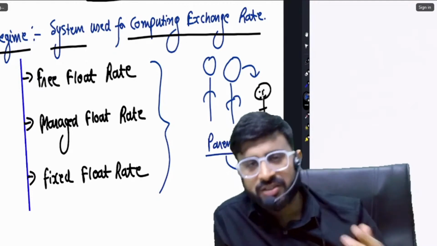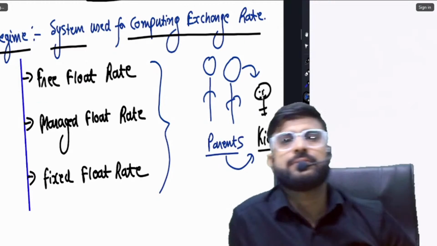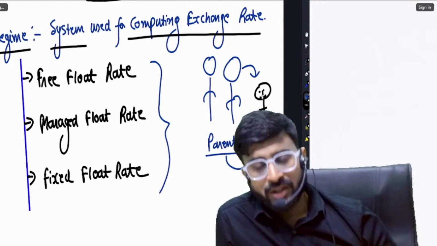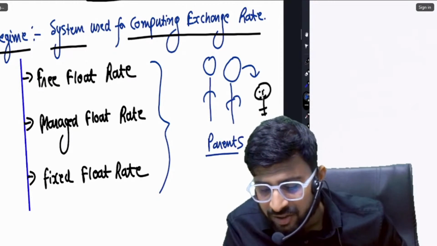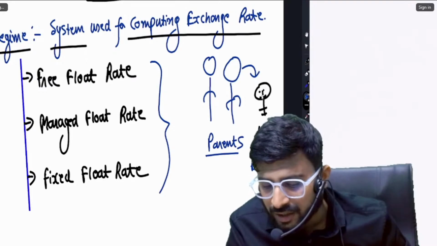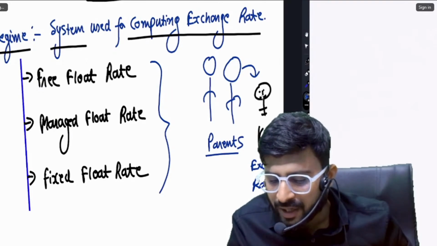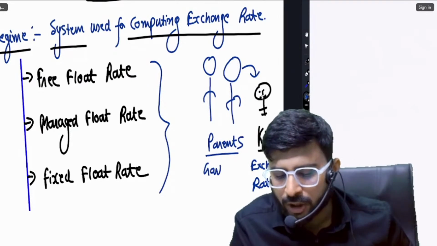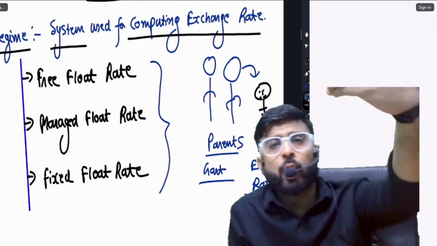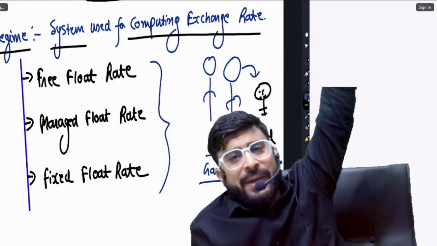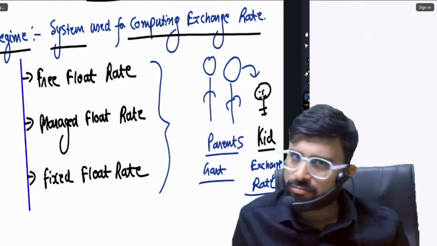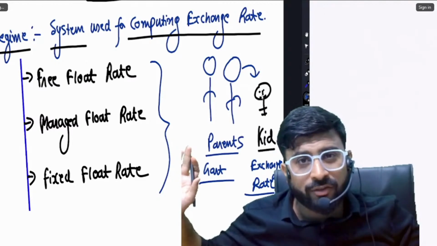This is called free float, where the kid is the exchange rate and the parent is the government. So the government tells the exchange rate, go and fluctuate as much as you wish to based on demand and supply situation. We are not going to interfere with your life.